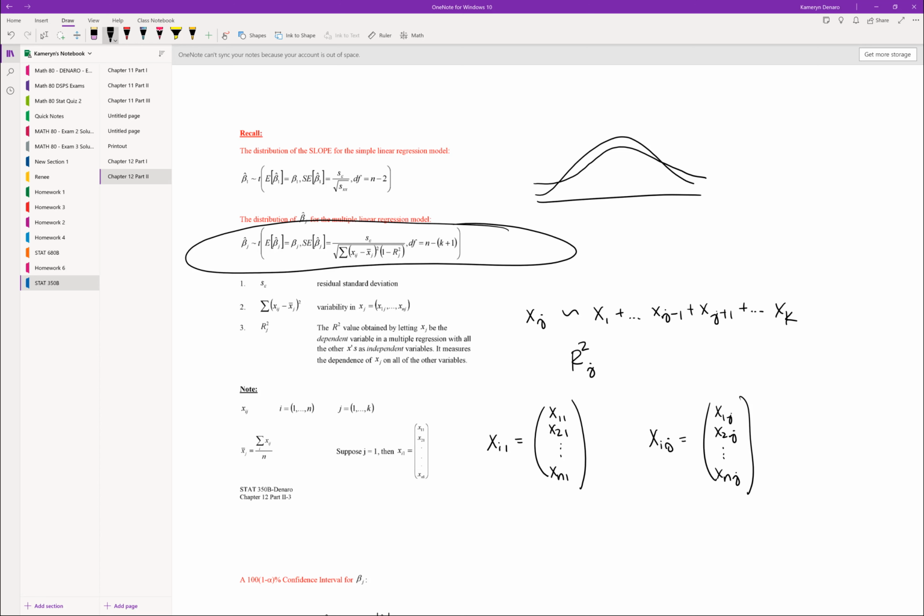And also, is there a relationship between xj and y? So is there a positive or a negative slope? Is the true slope positive or negative? Okay, so we're going to be doing those in the following videos. Look forward to seeing you.